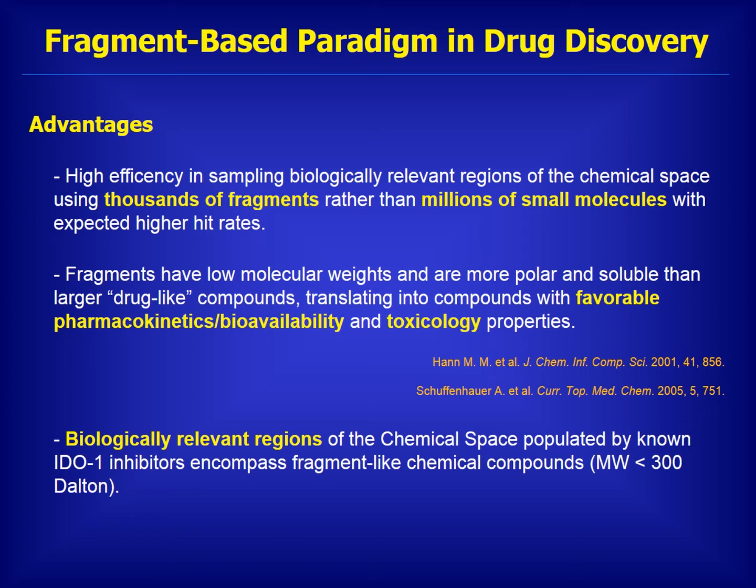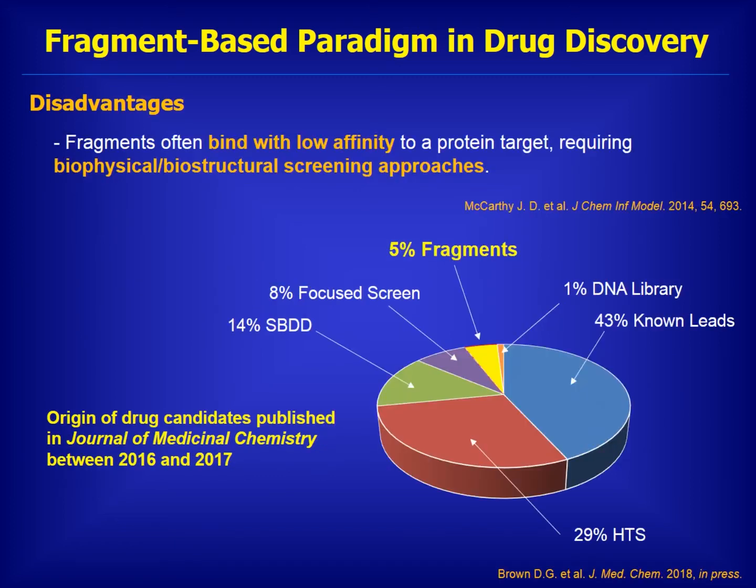Fragments also have low molecular weight and are more polar and soluble than large drug-like compounds, translating into molecules with favorable pharmacokinetics, bioavailability, and toxicological properties. Moreover, biologically relevant regions of the chemical space are populated by known IDO inhibitors that have fragment-like properties, and so using this approach, we can also include this part of the chemical space in our screening campaign.